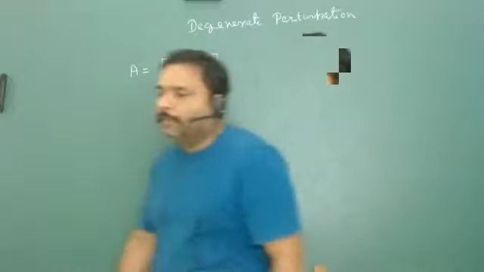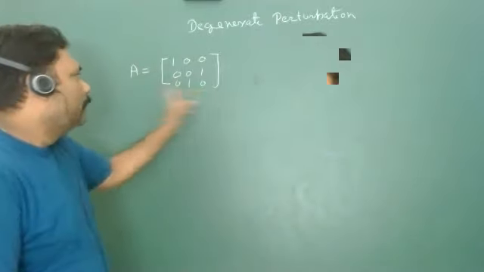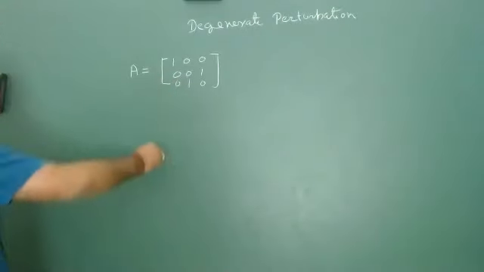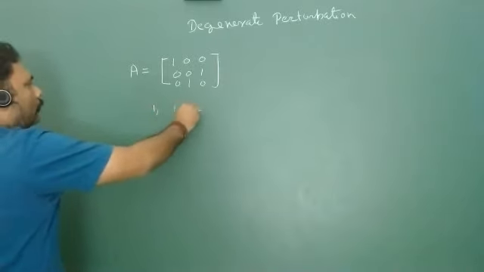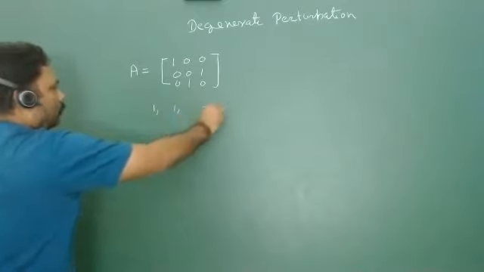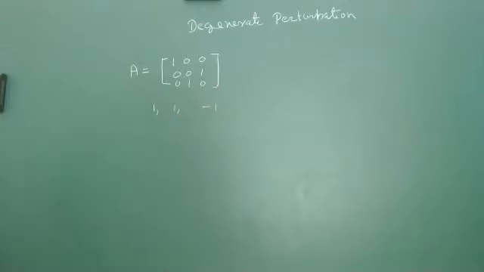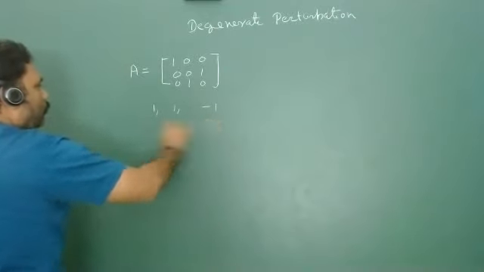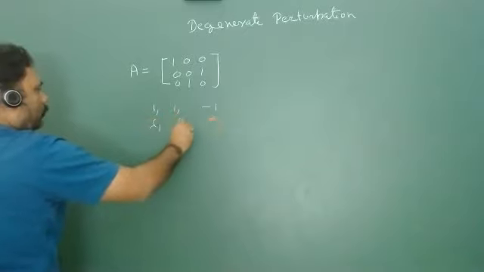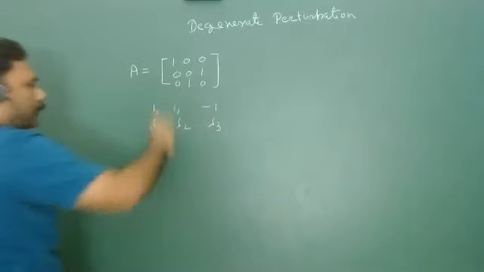Suppose this is the matrix. I know the eigenvalues are 1, 1, and minus 1. Let's call these lambda 1, lambda 2, and lambda 3.